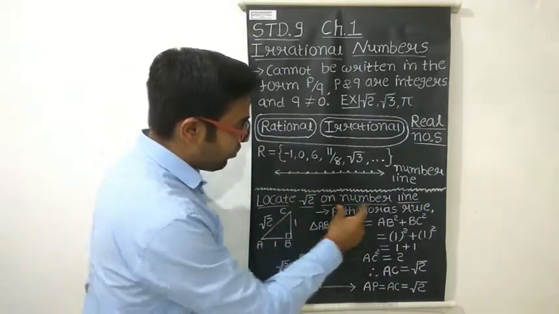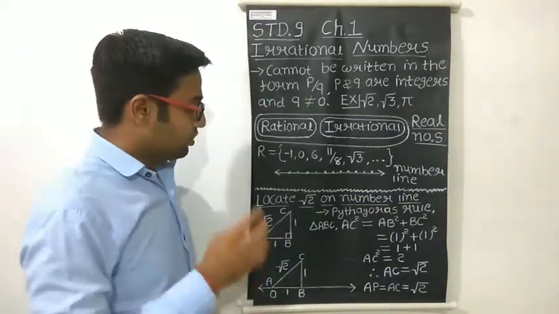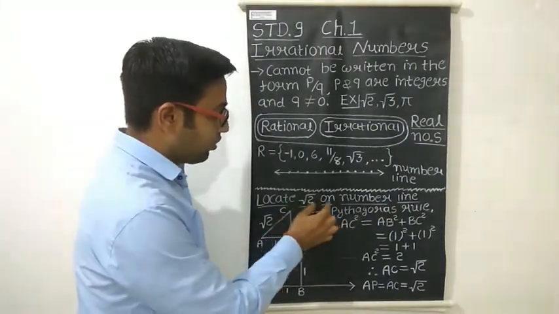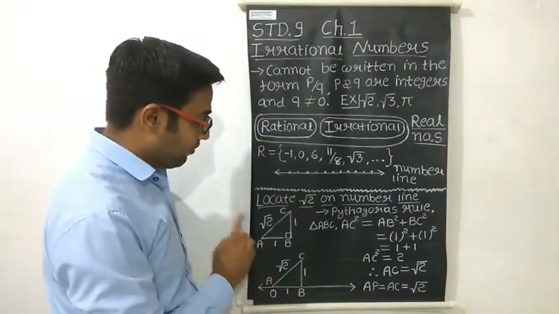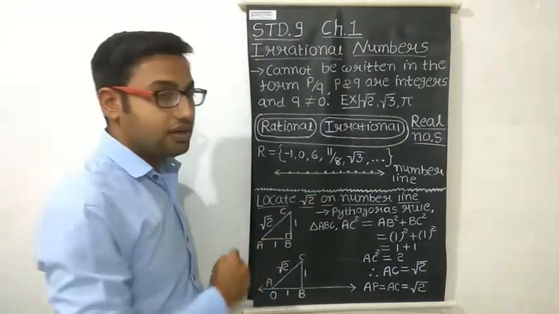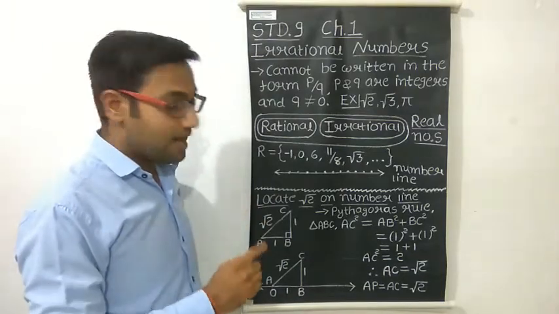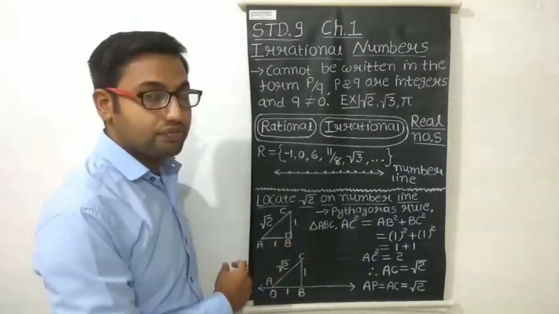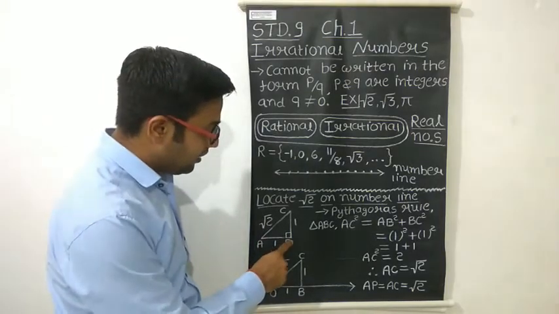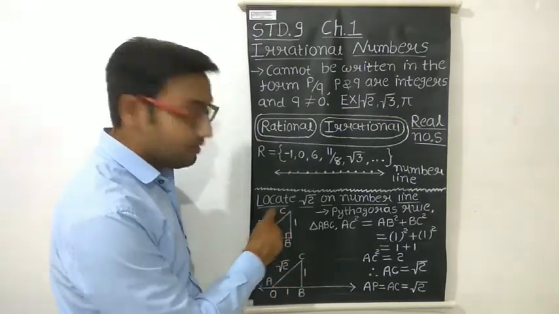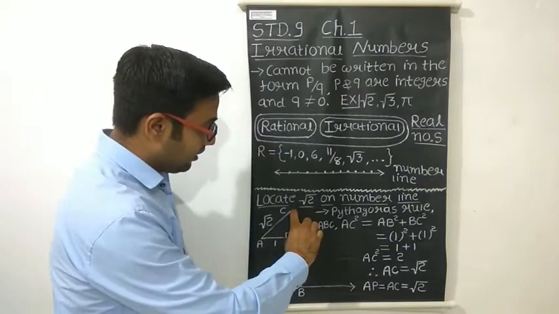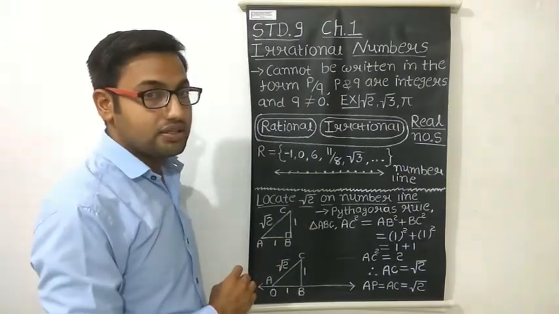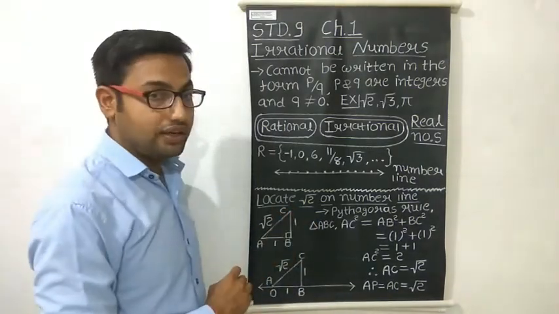Locate under root 2 on the number line. So to represent under root 2 on the number line, first of all we will draw a right angle triangle. To draw this diagram, we will first draw a line segment AB. Then at point B, we will take a 90-degree angle, and again we will take here BC, that is 1 unit, right?